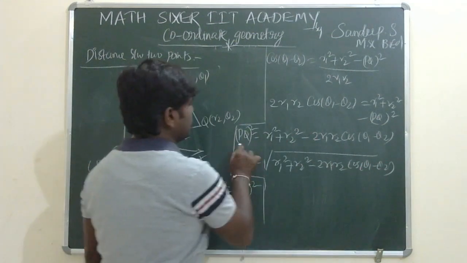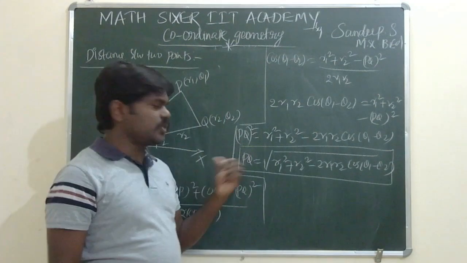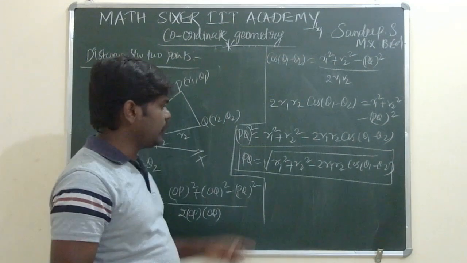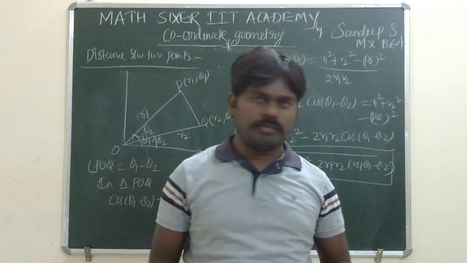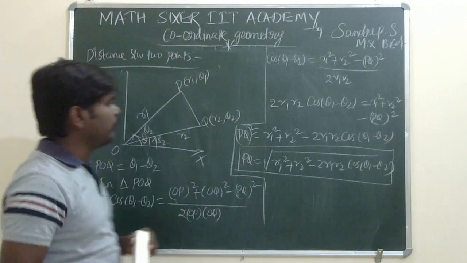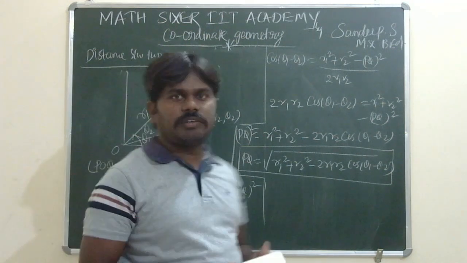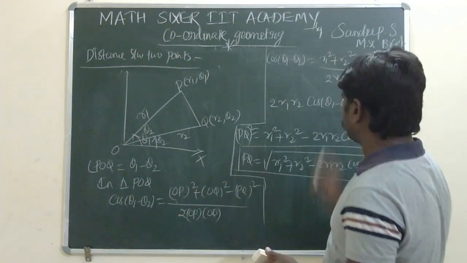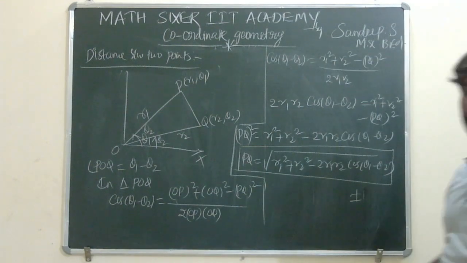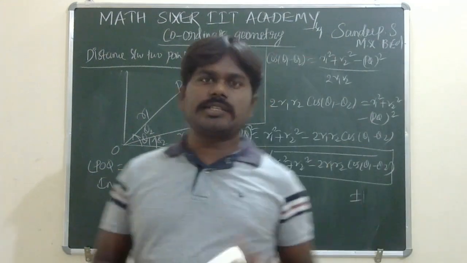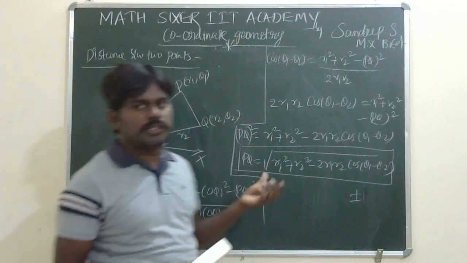Okay, so this is the distance between the two polar coordinates: square root of R1 square plus R2 square minus 2 R1 R2 into cos of theta 1 minus theta 2. Whenever the distance is given, we have to use the plus or minus sign, because the distance is always positive, but the coordinate points may be different.